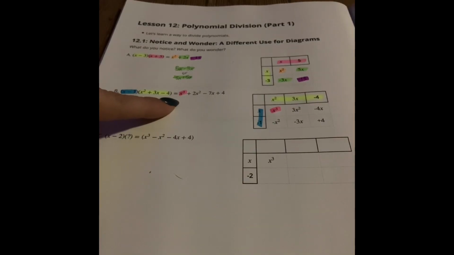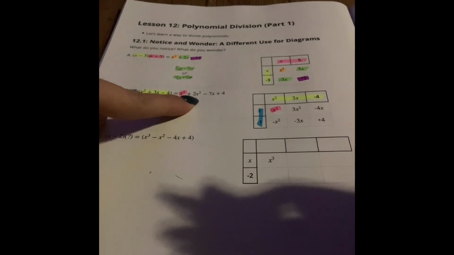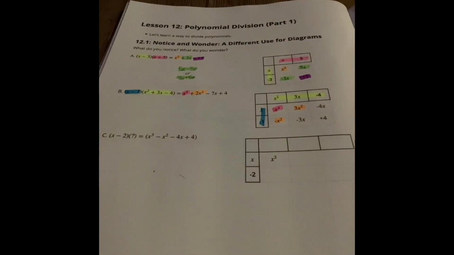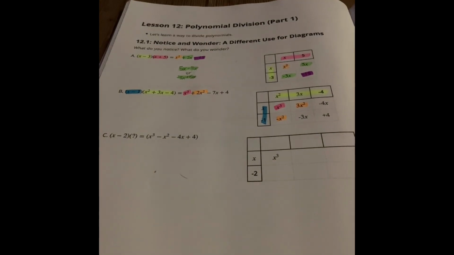My x cubed comes from x squared times x. My 2x squared comes from combining my negative x squared with my 3x squared. So similarly to what we did up here, where we have 3x squared minus x squared, you can put that 1 right there. That's the same as saying negative 1x squared plus 3x squared.